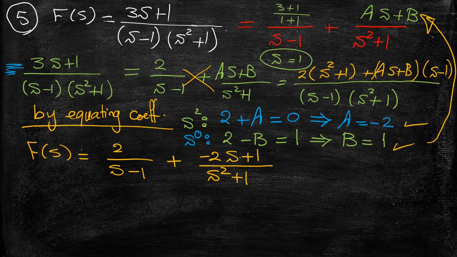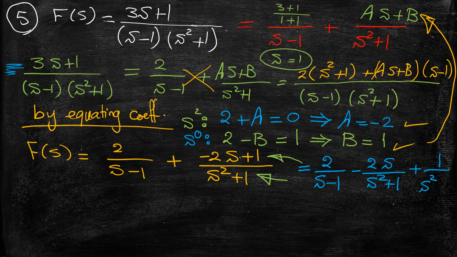Again, we already discussed this at the beginning. This one has a denominator of sine or cosine form, but here we have to do this partitioning for the numerator. So again, we can arrange this in the new way: 2 over s minus 1 minus 2s over s squared plus 1 plus 1 over s squared plus 1.